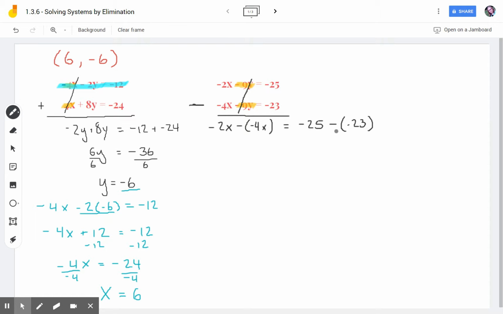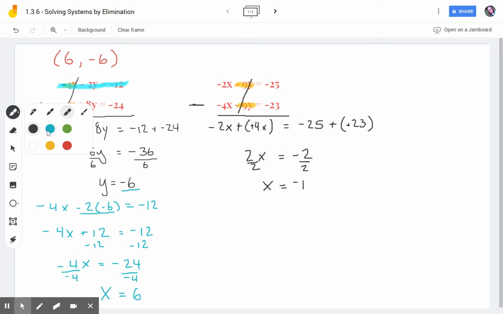And if we combine like terms here, notice that subtracting a negative is like addition, so that will become positive 2x. And same thing over here, subtracting a negative, this is like negative 25 plus 23 becomes negative 2. So dividing to solve for x, we end up with negative 2 divided by 2, which is negative 1.